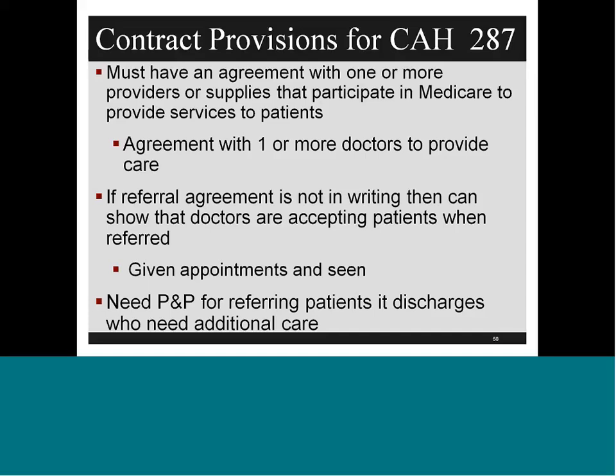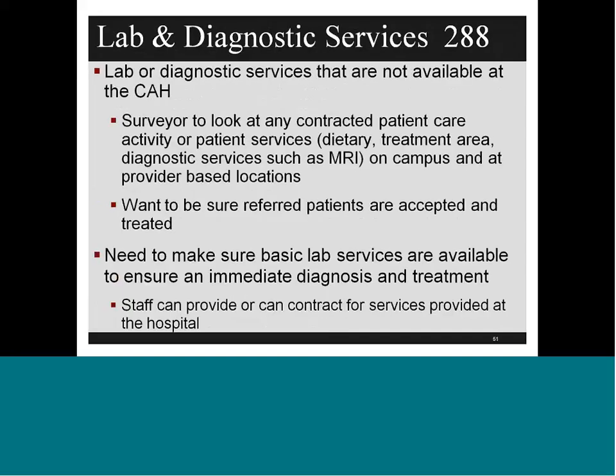Now, if they're being seen for a Colles fracture and next week they break their tibia, they don't have to see them for that unless, again, they're accepting all the hospital's patients for that. And then a lot of times the critical access hospitals do outsource a lot of their lab tests, so we would have a list of what lab or diagnostic tests are not available and that they would contract out.